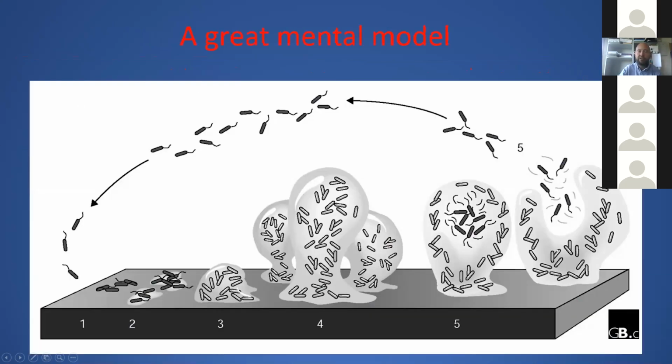And we have a great mental model. It's great for teaching and to understand what is really going on, but it's just a mental model, and it only holds for certain in vitro flow cell biofilms of Pseudomonas aeruginosa.